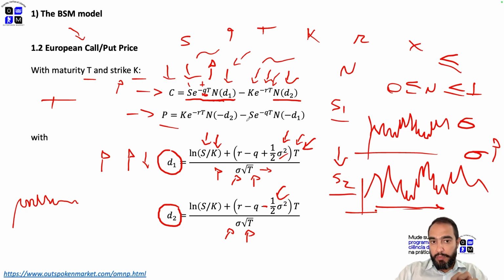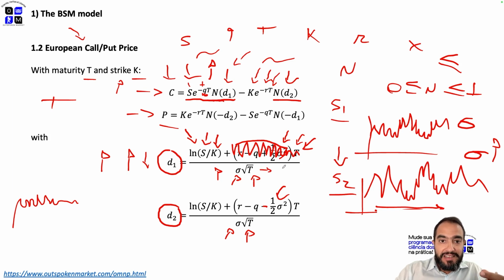Do you agree with me? If T is really low, since it's multiplying everything that we have here in the parentheses, this eventually gets closer to zero, so it will be negligible regarding the component of the price over the strike.